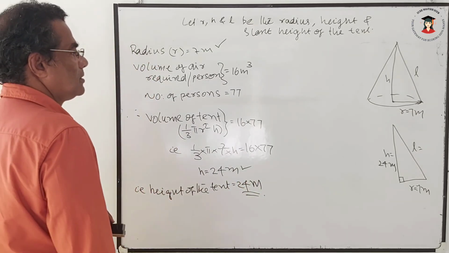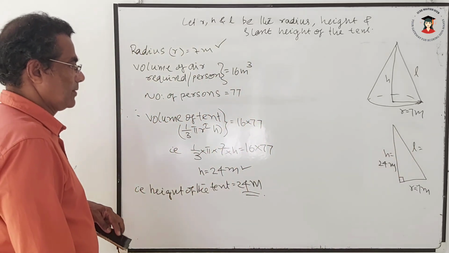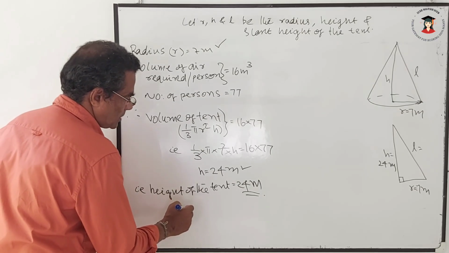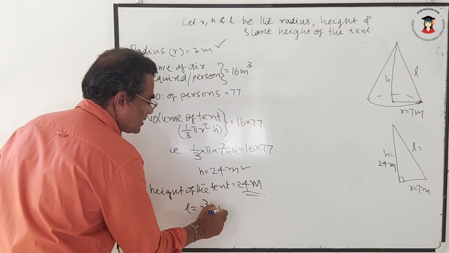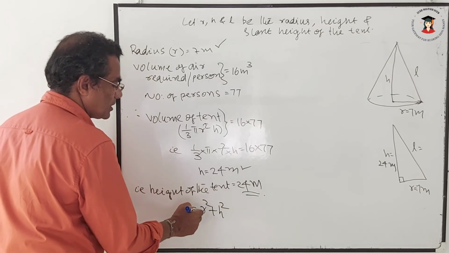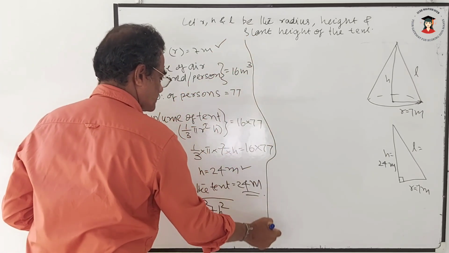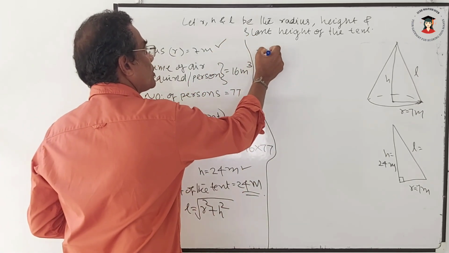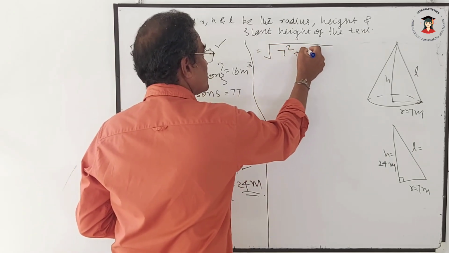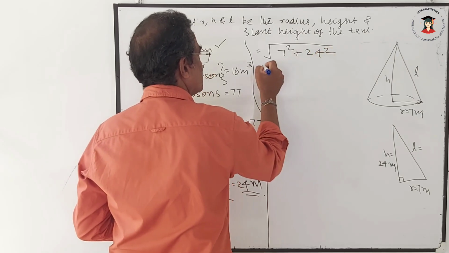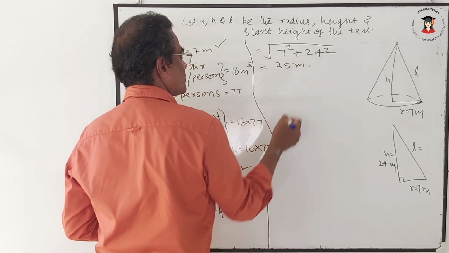Now we need to find out l for finding the curved surface area. l square is r square plus h square, or l is equal to square root of r square plus h square, equal to square root of 7 square plus 24 square. This will give you 25 meter.